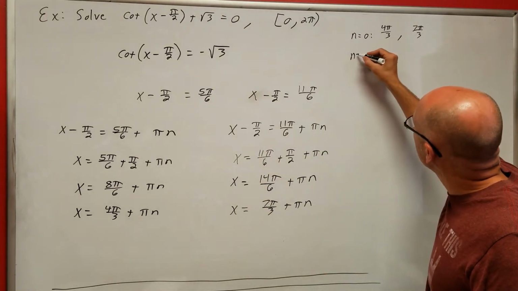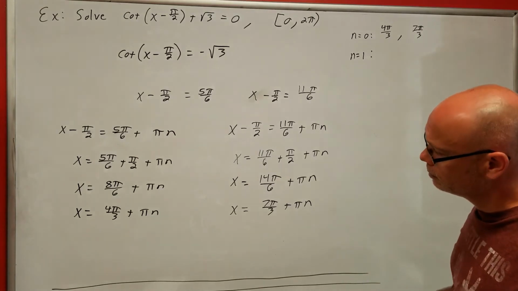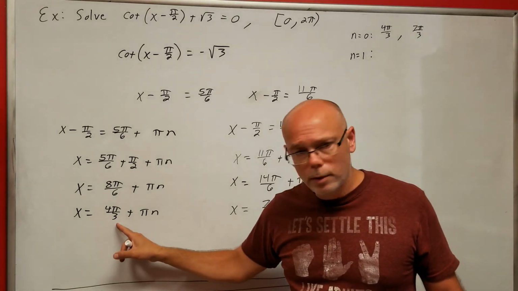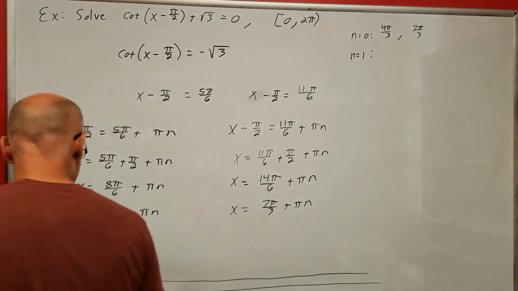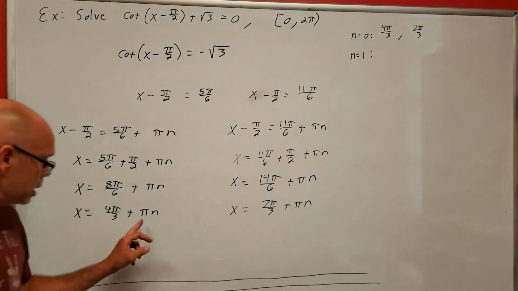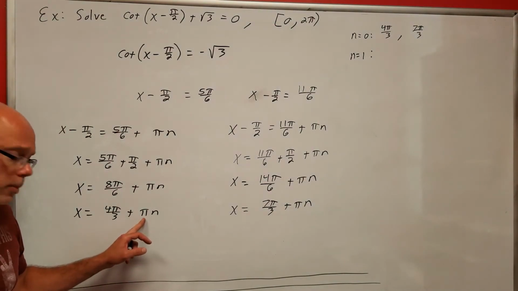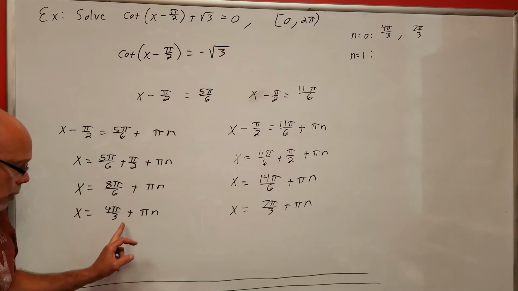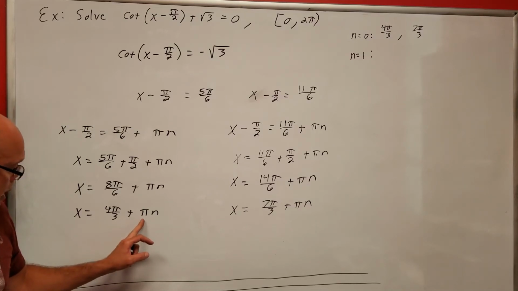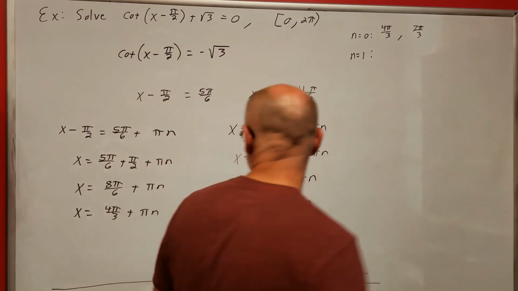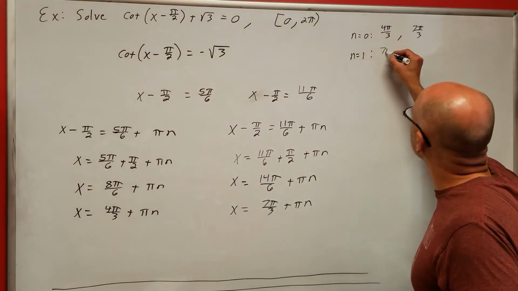How about when n is equal to 1? I'll get 4 pi over 3 plus 1 pi. That's 4 pi over 3 plus 3 pi over 3, so that gives me 7 pi over 3 again.